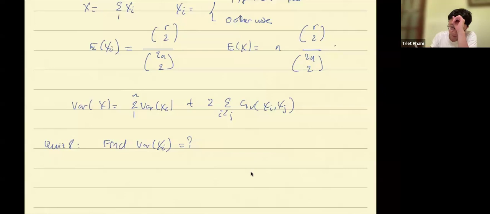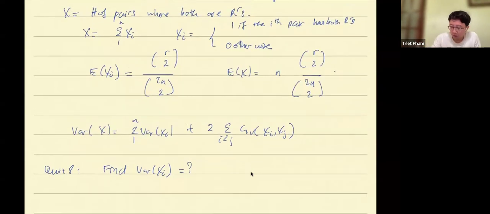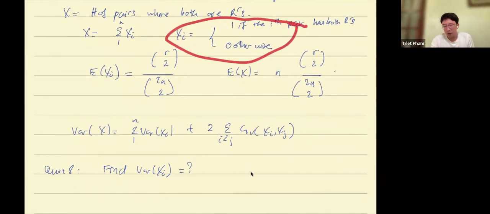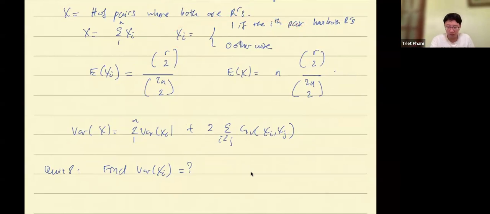Okay, so what's the answer here? What's the variance of the xi's? Well, the xi being indicator functions of Bernoulli, the xi's are Bernoulli p, where p is exactly this number.